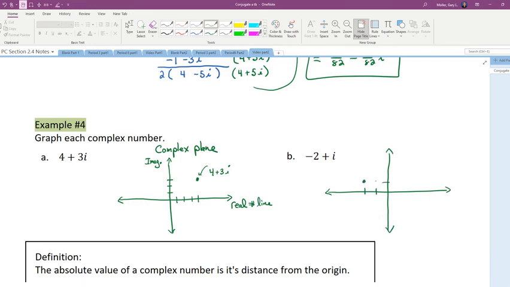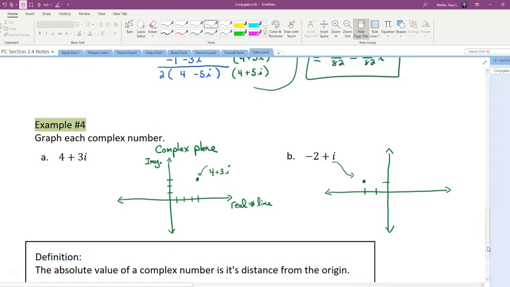And there is our point, negative 2 plus i. And honestly, that's about all that you have to do for the complex number plane, at least for now. Again, if you do have artistic inclinations, I would encourage you to look up fractals, the Mandelbrot set, and kind of do some of your own learning in that area.